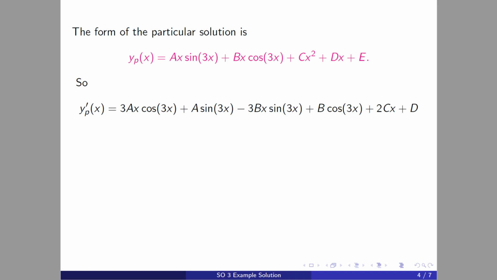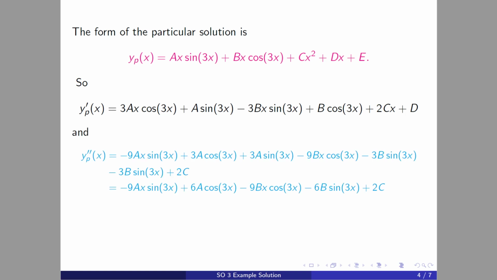We basically apply the same thing to get the second derivative of this format, and after a little bit of work you get negative 9ax sine 3x plus 6a cosine of 3x minus 9bx cosine of 3x minus 6b sine 3x plus 2c, what you see there on the screen.